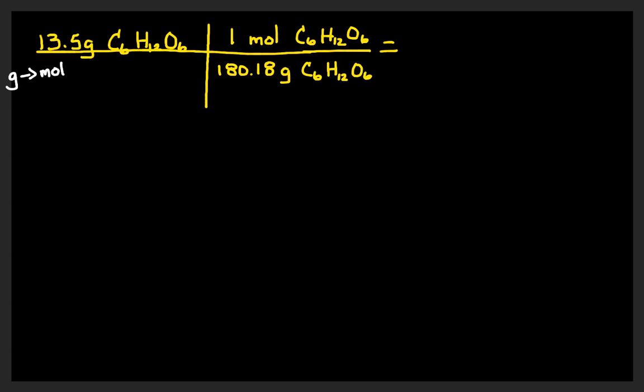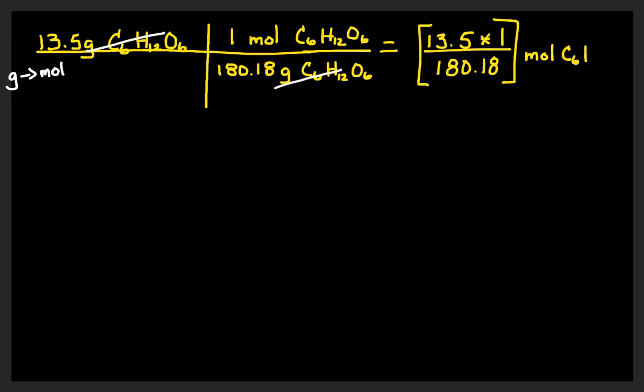This is the conversion factor from the previous page, which tells me that the molar mass of glucose is 180.18 grams per mole. I'm going to put the grams on the bottom and the moles on top so I can cancel, because I want to be left with the number of moles of C6H12O6.